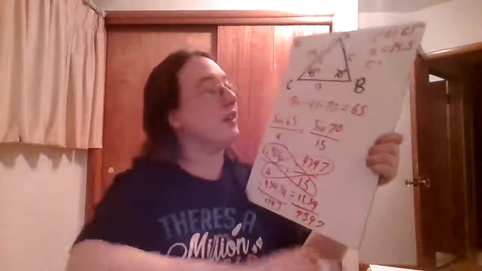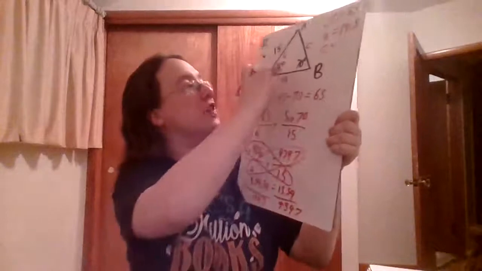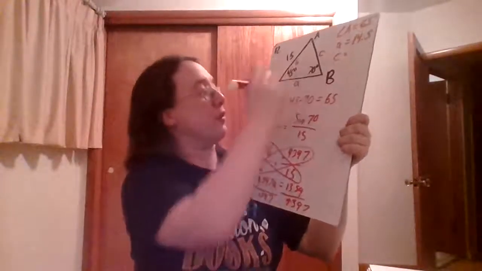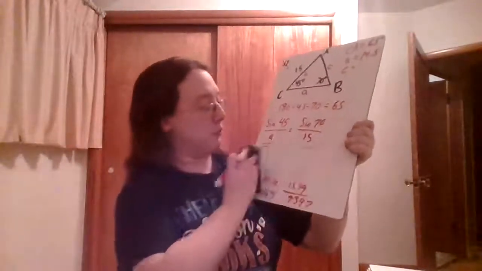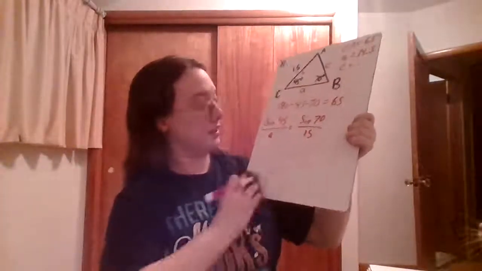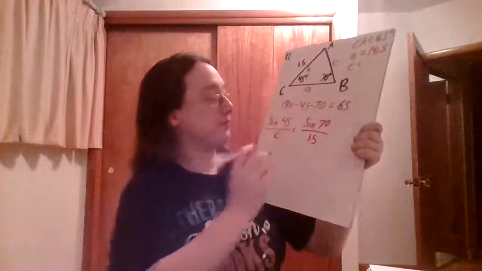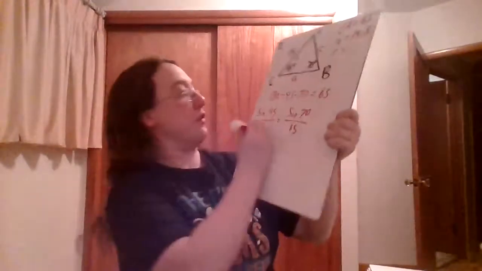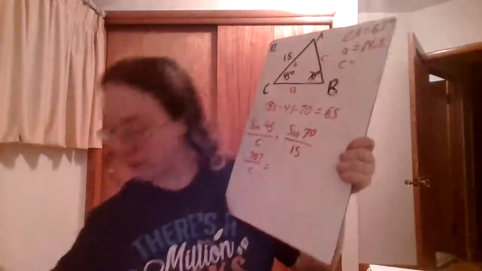Alright, cool. Now we're going to do the same thing, but with the other angle and the other side. So instead of the sine of 65, we want the sine of 45. So I'm just going to erase this, save myself a little bit of room. Should have kept that number. That's okay. But now this is over C. Alright, and the sine of 45 is 0.707 over C equals whatever the sine of 70 was.